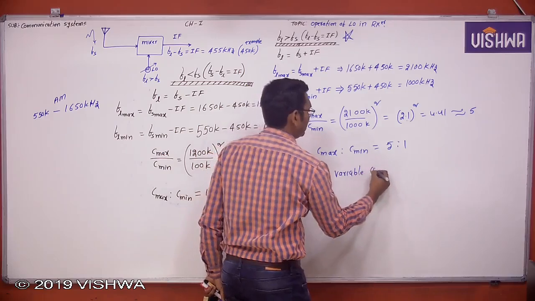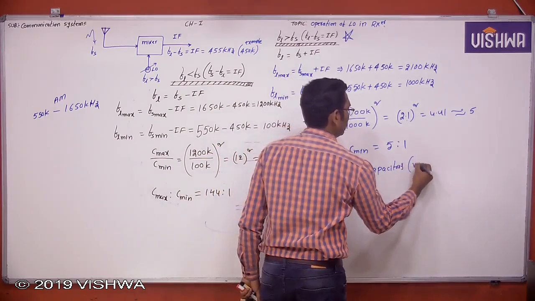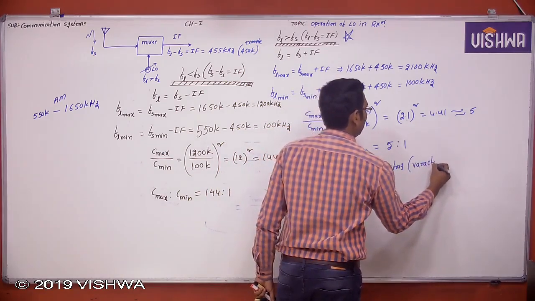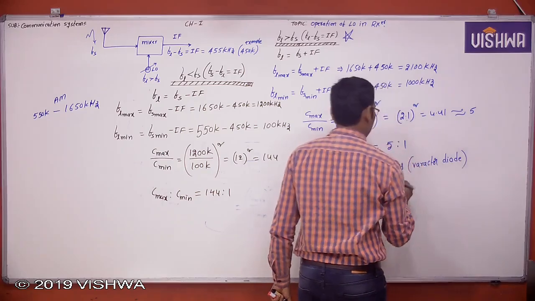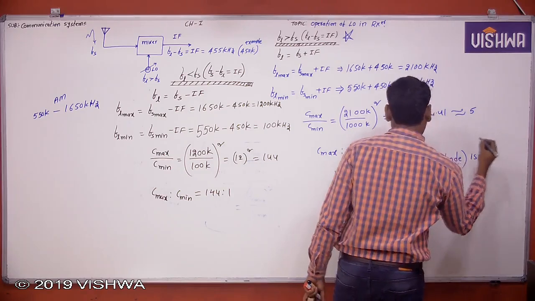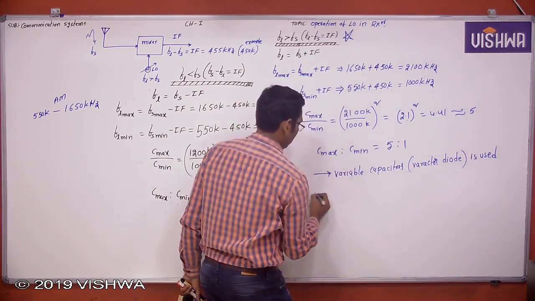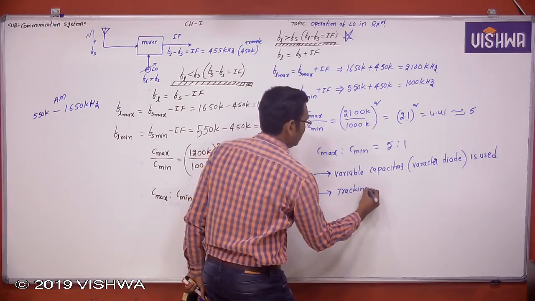Variable capacitors, means varactor diodes, are used, and tracking is easy.